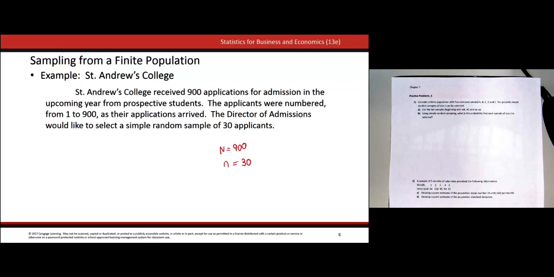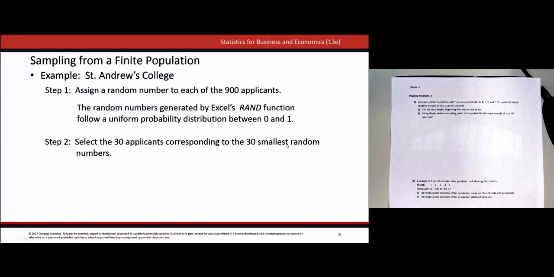If you don't have all that information in the database, and you may not have enough time to enter all of it, then you can only select the sample, calculate sample statistics such as the sample mean and sample standard deviation, and use them to estimate the corresponding population characteristics. How do you randomly select 30 applicants?